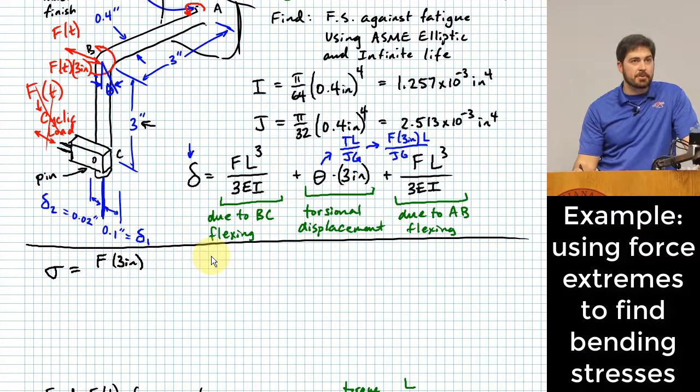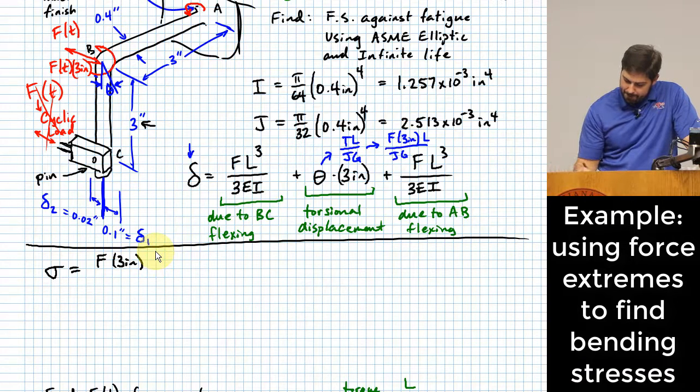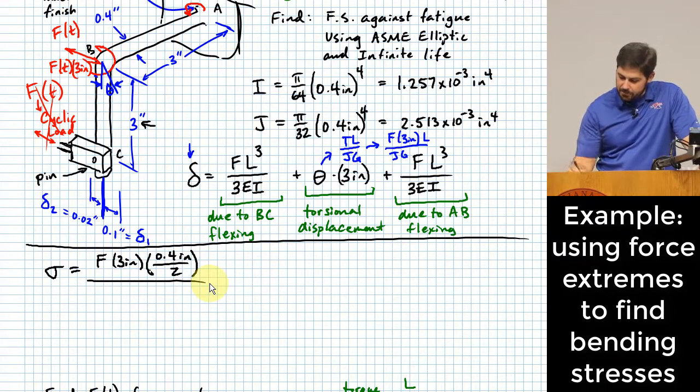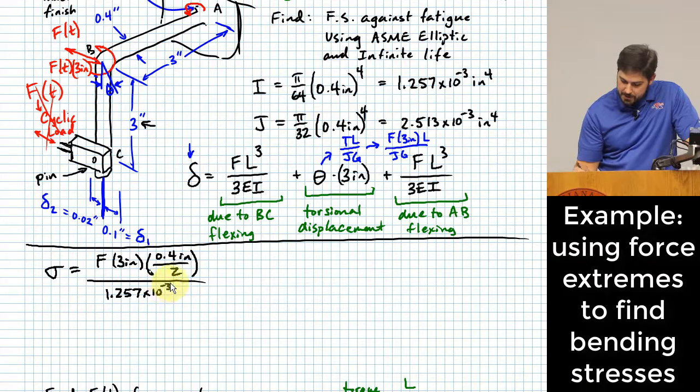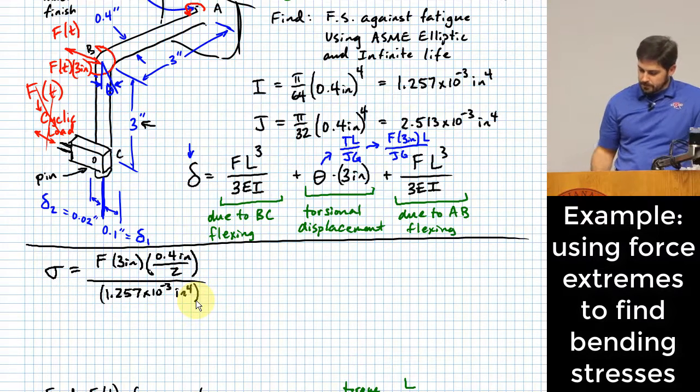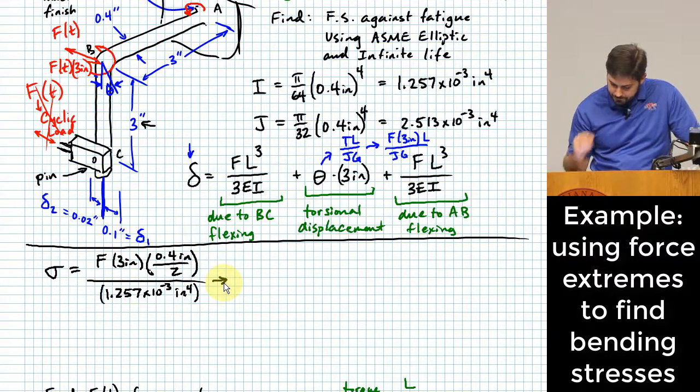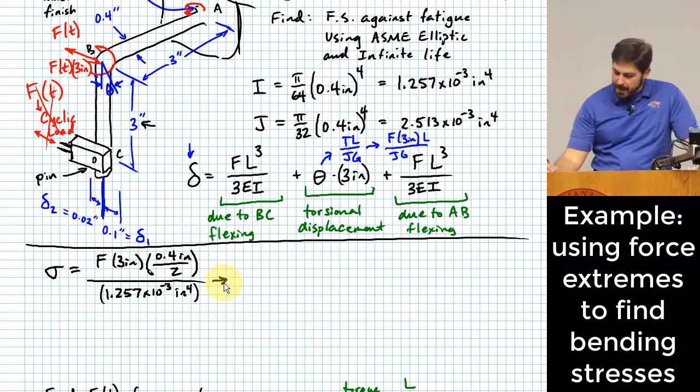I'm using MC over I right here. What is C? Okay. And I, we've already calculated that, 1.257 times 10 to the minus third inches to the fourth. And so what's our maximum stress?